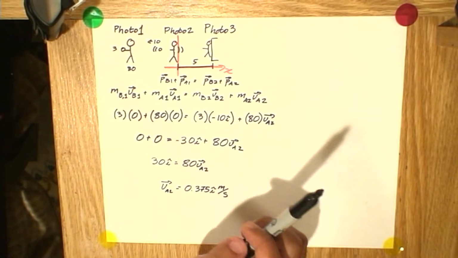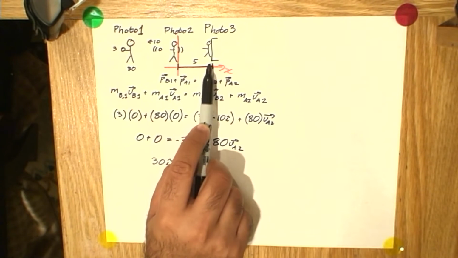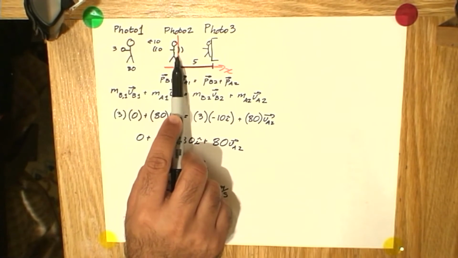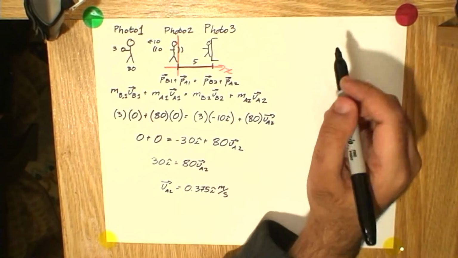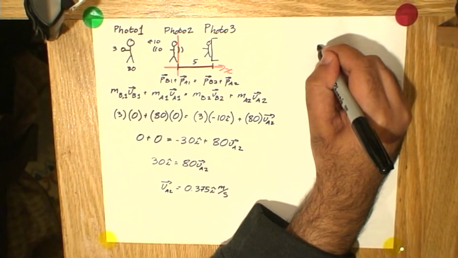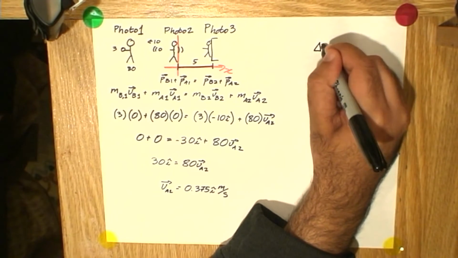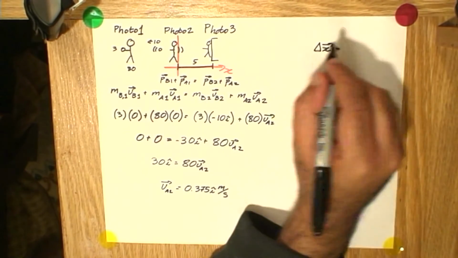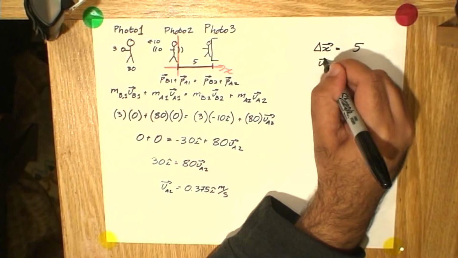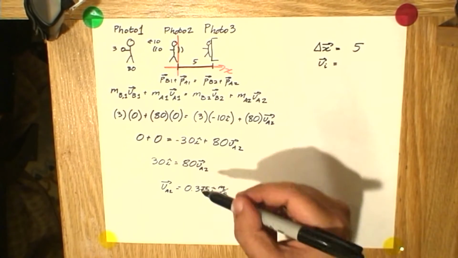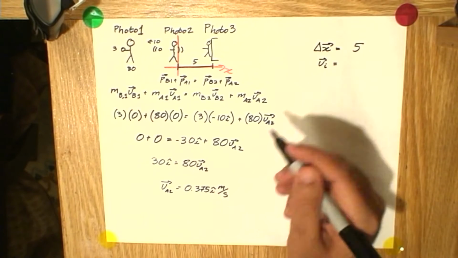So let's write down everything that we know between photo 2 and photo 3, from the nanosecond after he threw the ball to just as he is reaching the airlock. So delta x is 5 meters. The initial velocity of the astronaut was 0.375 i hat.